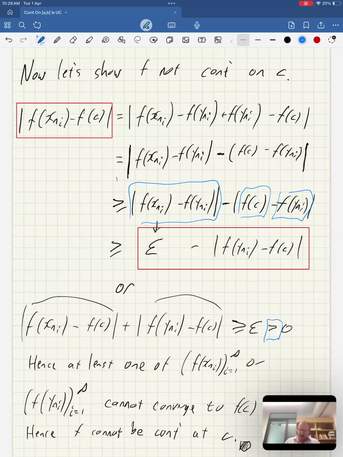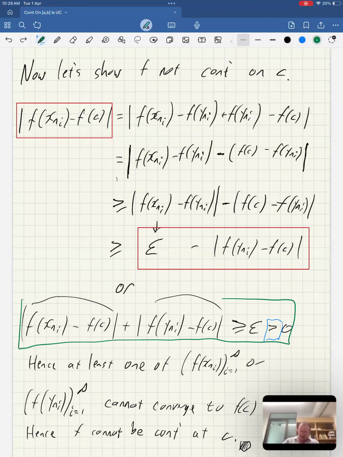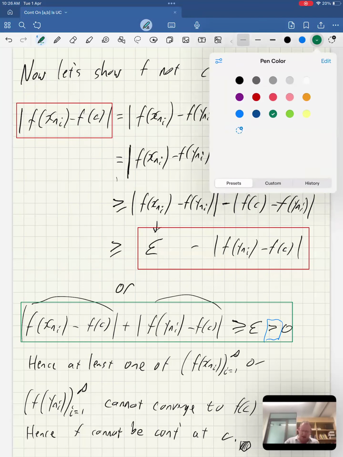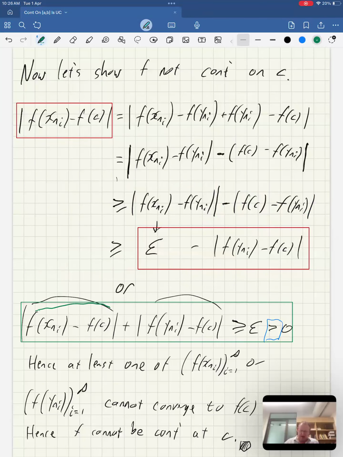And then we can bring the absolute value of f(y_{n_i}) minus f(x_{n_i}) to the other side. So we get this important inequality. The two summands in this inequality are |f(x_{n_i}) minus f(c)| and |f(y_{n_i}) minus f(c)|.